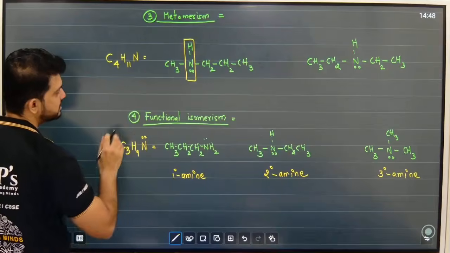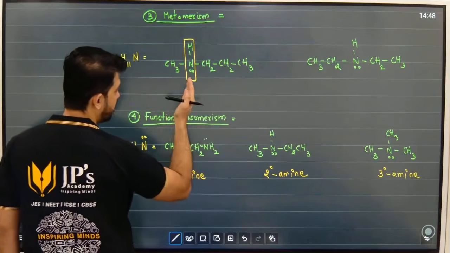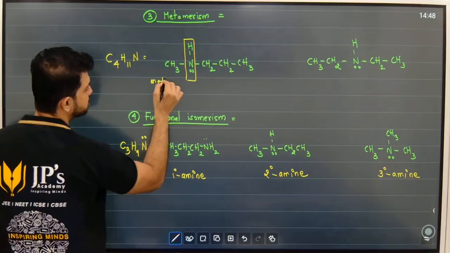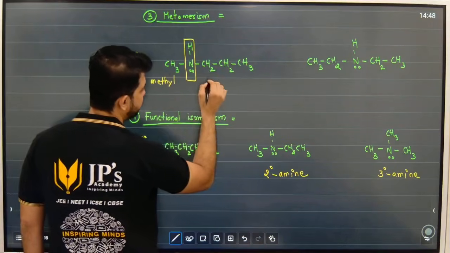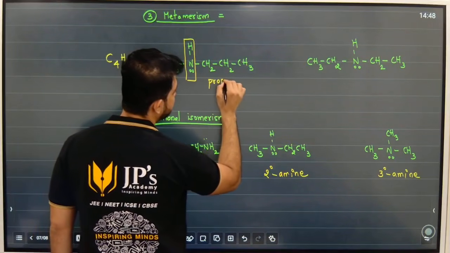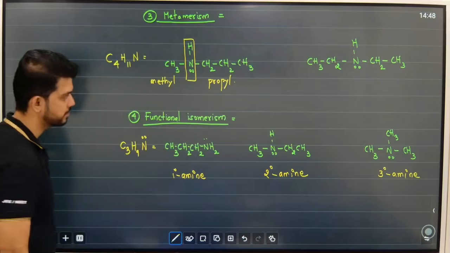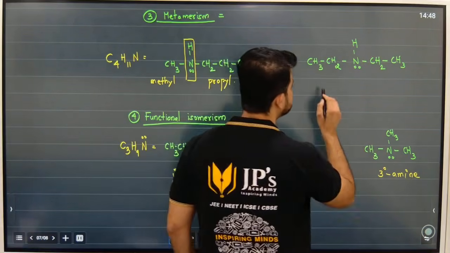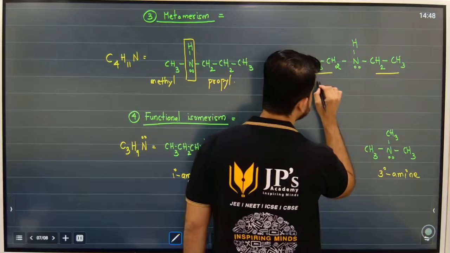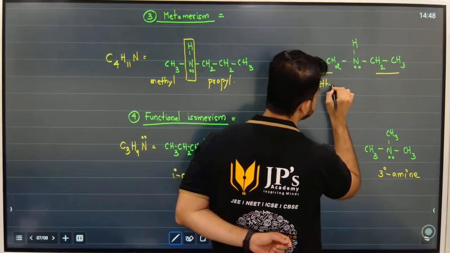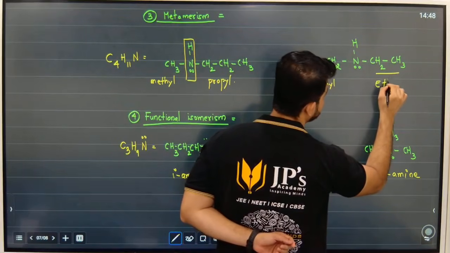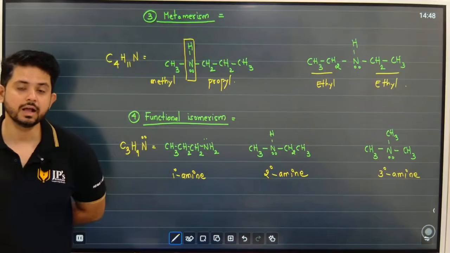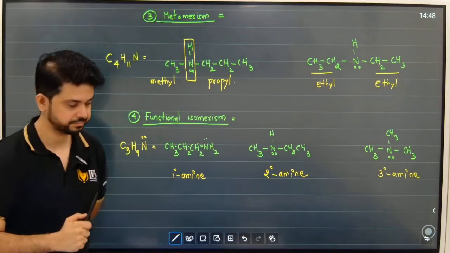So here we have a secondary amine, but on the left hand side a methyl group is attached, and on the right hand side a propyl alkyl group is attached. But keeping the molecular formula the same, what we observe here is that on both sides an ethyl group is attached. And hence these are metamers.